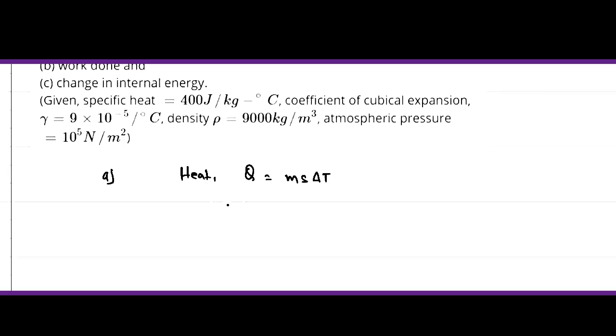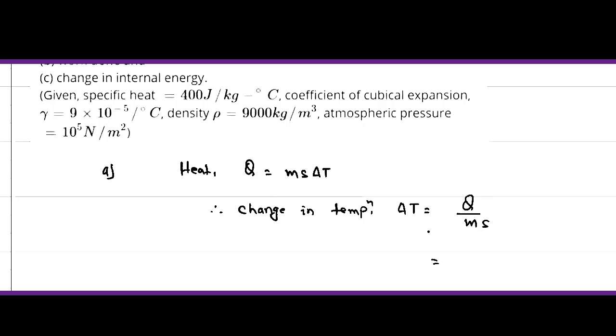Therefore the change in temperature, delta T, is equal to Q divided by ms, and Q is given here as 20,000 joule.